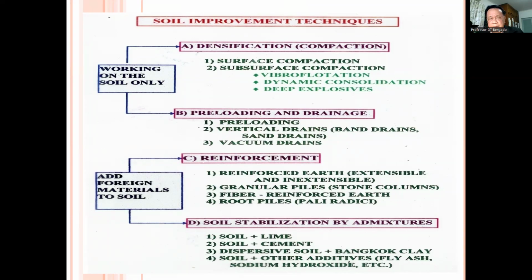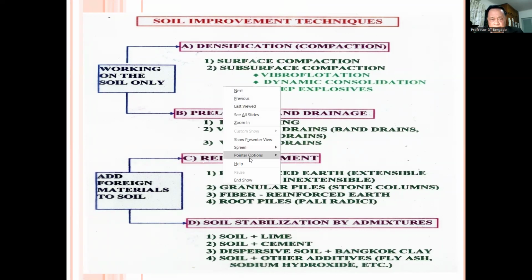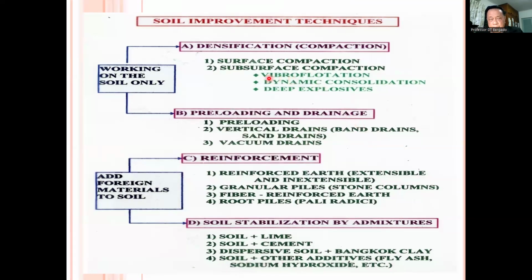If the soil is coarse-grained, then we have to use compaction to reduce the voids, like vibroflotation and dynamic compaction.